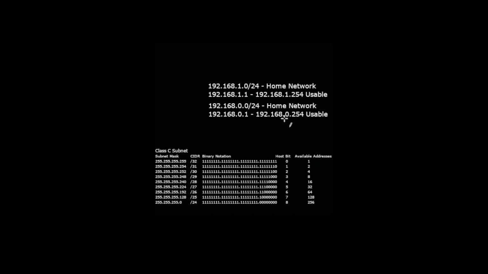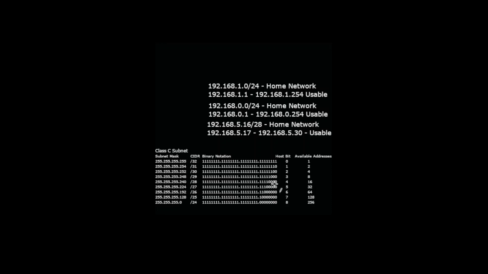In this quick breakdown here, I'm going to bring up a third IP address and subnet mask. So we have 192.168.5.16/28. If we look down here at /28, it means that we have 4 host bits. So 2 to the 4th power is 16.